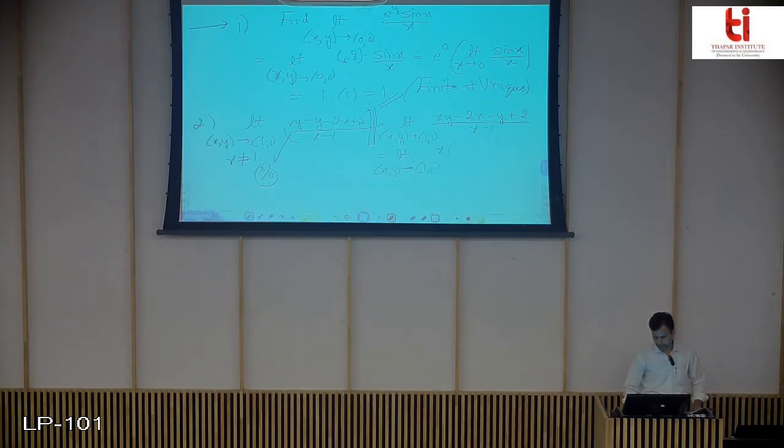Here it is x(y minus 2) minus (y minus 2), upon x minus 1. So this gives me (x minus 1)(y minus 2) upon (x minus 1). So the limit as (x,y) tends to (1,1): this cancels with this, and I get y minus 2. So this comes out to be 1 minus 2, which is equal to minus 1. So the limit is minus 1.